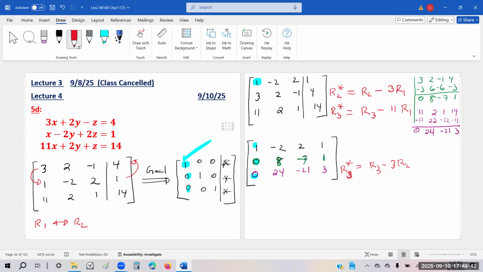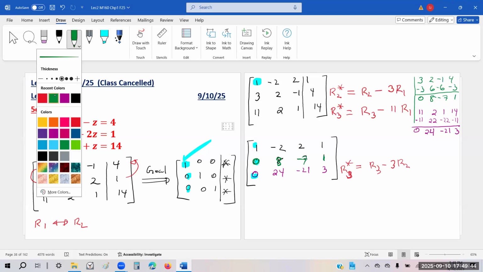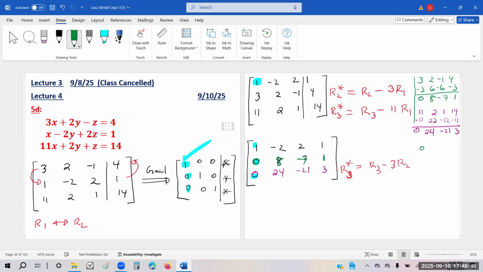So if you want to do the math on the side, current row 3 is 0, 24, negative 21, 3. And when you multiply the second row by negative 3, we get 0, negative 24, positive 21, negative 3. When you combine them, the entire row becomes 0. So 0, 0, 0, 0.